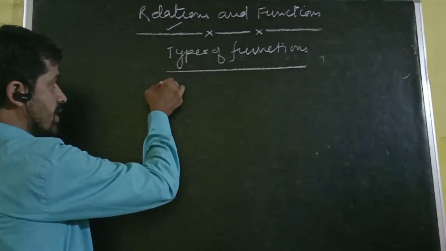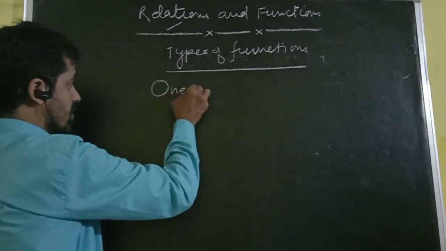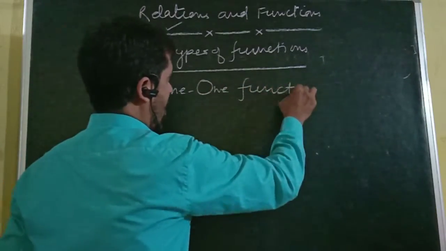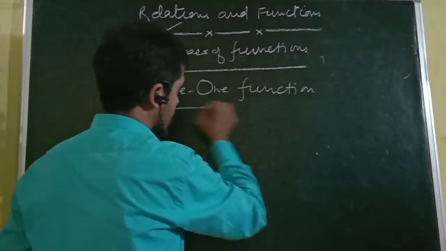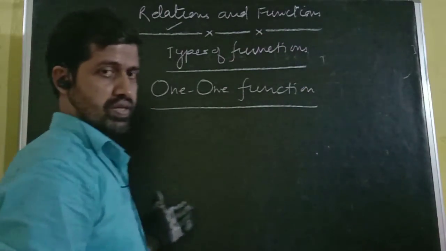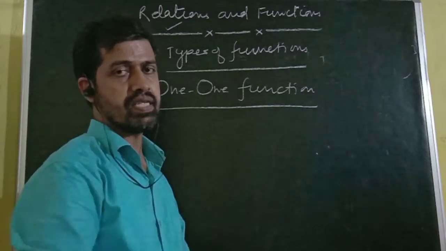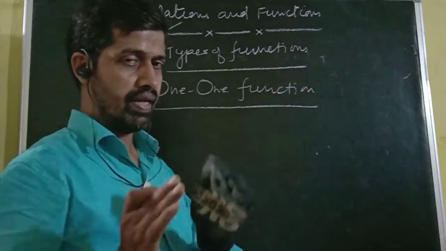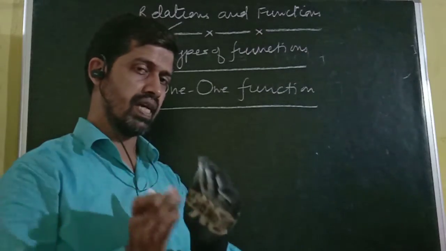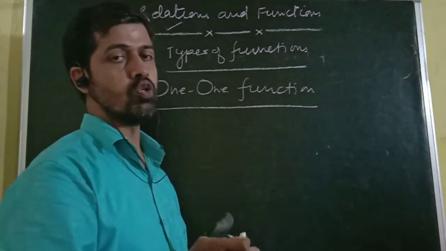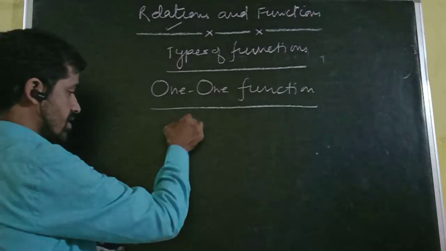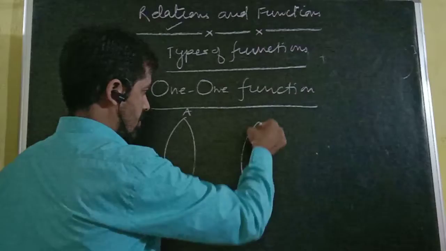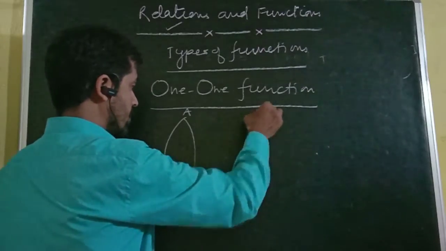Now say first is one one function. One one function, as the name suggests itself, it means when each element of domain is having only one image in codomain. That is, this is our domain, this is our codomain.